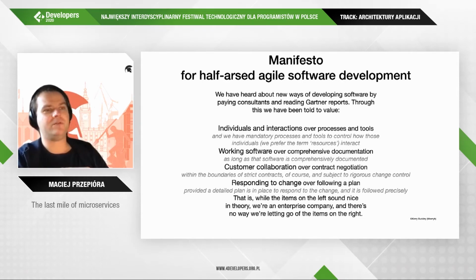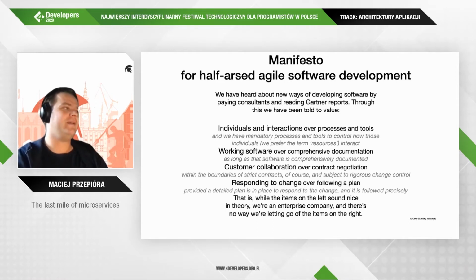It's basically waterfall disguised as some kind of agile way of working. Like, we have mandatory processes and tools to control how individuals interact. The working software is okay, but as long as it is comprehensively documented.